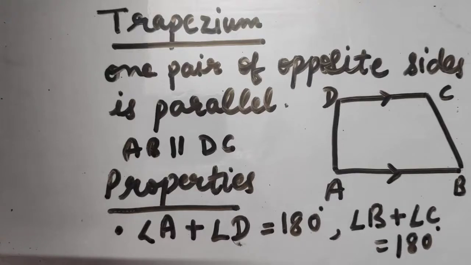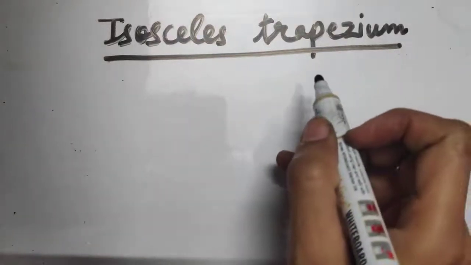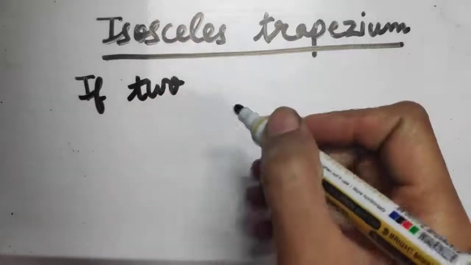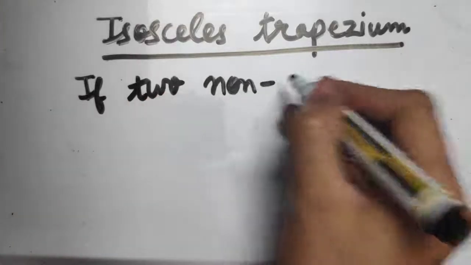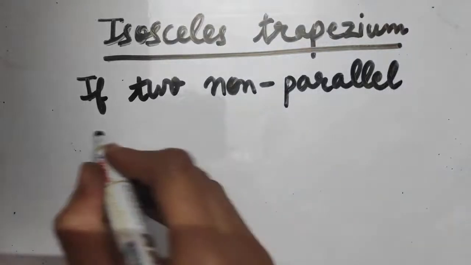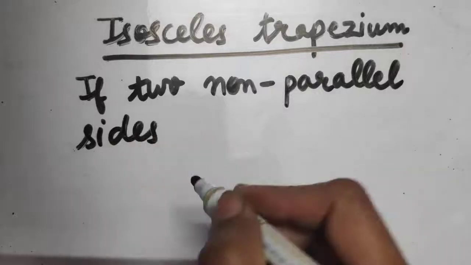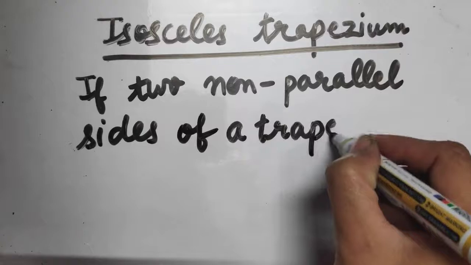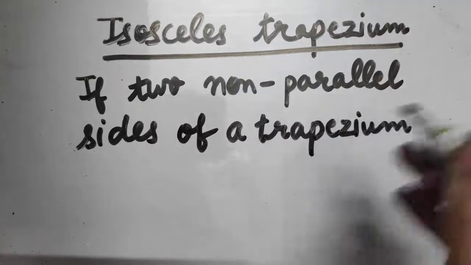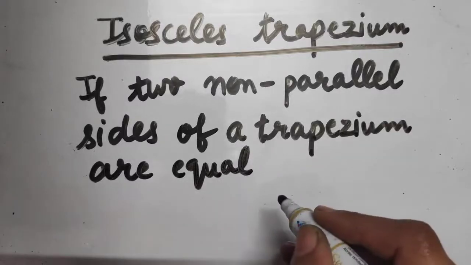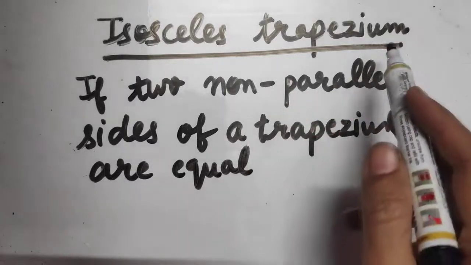So let us talk about the isosceles trapezium now. The definition of an isosceles trapezium is, if two non-parallel sides of a trapezium are equal, then it is called an isosceles trapezium.